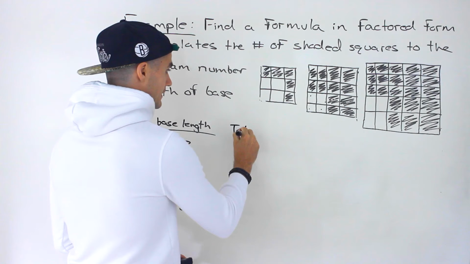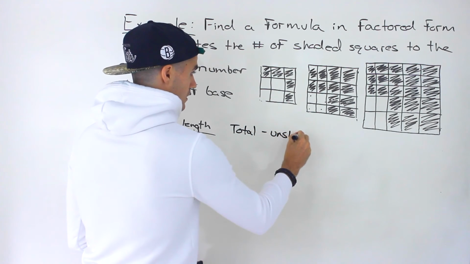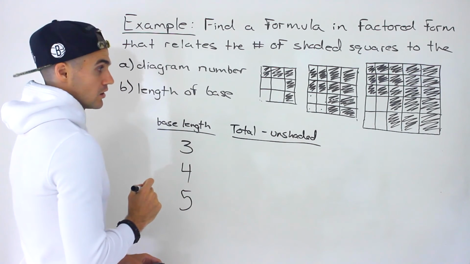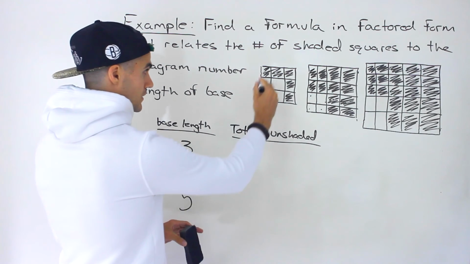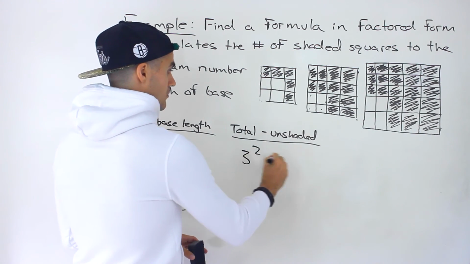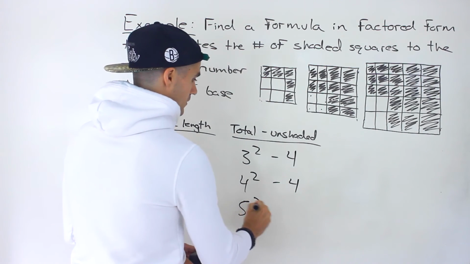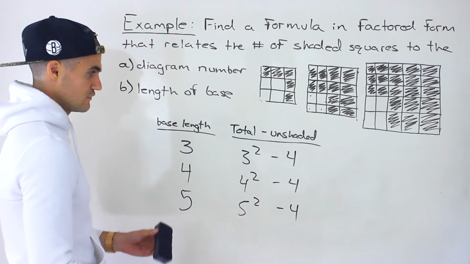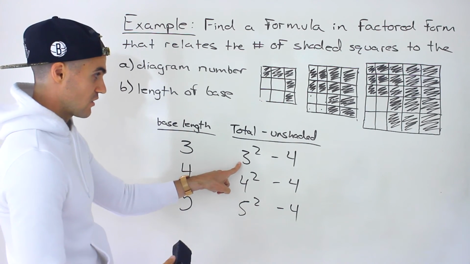So let's bring back that total minus unshaded column and go about it indirectly. So again, it was what? 3 squared minus 4, 4 squared minus 4, 5 squared minus 4. And so notice here, very easy to see the pattern because this and this are the same thing.